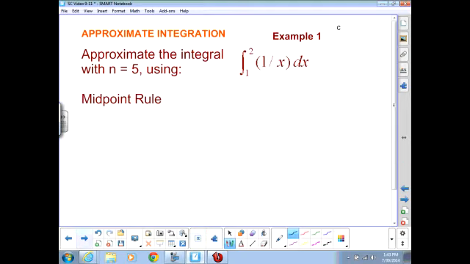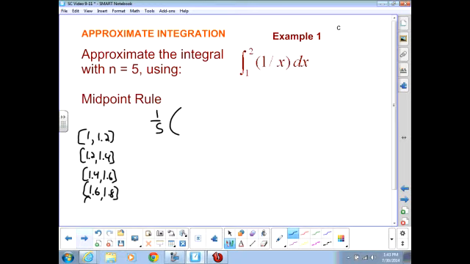Well, now let's see what we would have gotten with the same thing, but with the midpoint rule. So we already knew our width was 1/5. Then we've got to do f of each of the midpoints of our intervals. Well, we know we go from 1 to 1.2, 1.2 to 1.4, 1.4 to 1.6, 1.6 to 1.8, and 1.8 to 2.